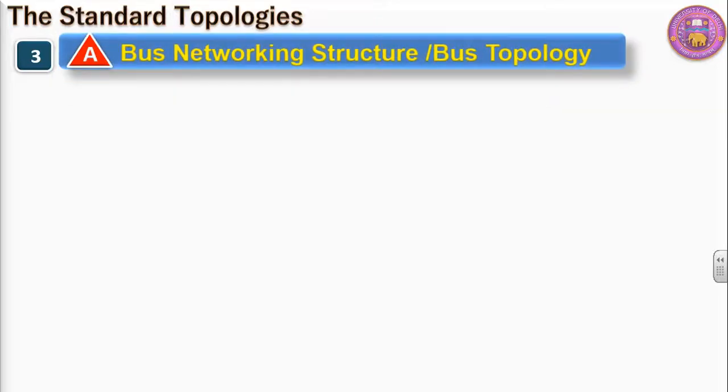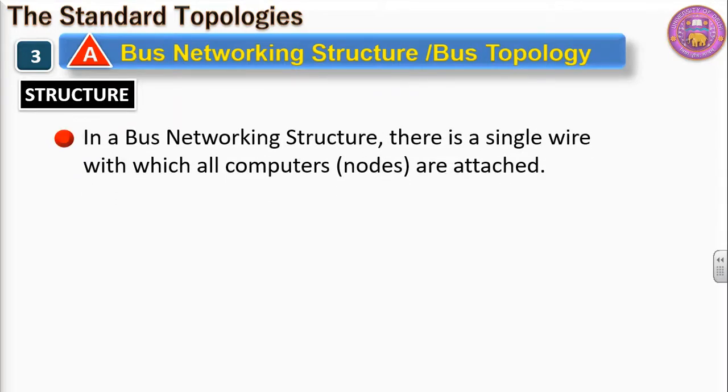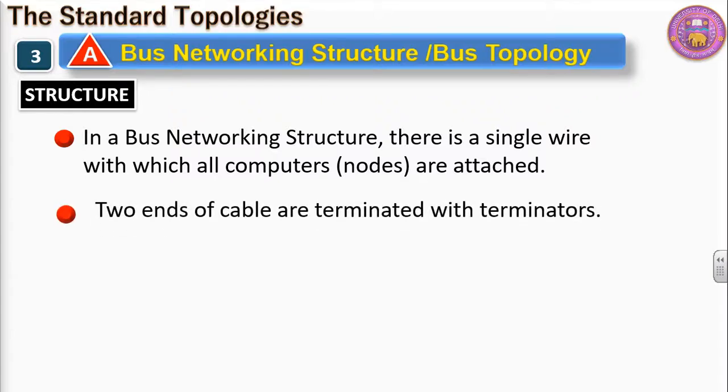We can either call it bus networking structure or bus topology. In a bus networking structure, there is a single wire with which all computers are attached. Two ends of cable are terminated with devices, that is terminators.